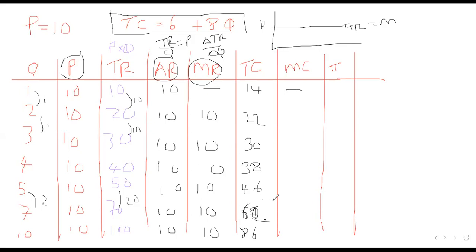All right. So after getting this, how do we find the marginal cost? It's the change in total cost over the change in quantity.